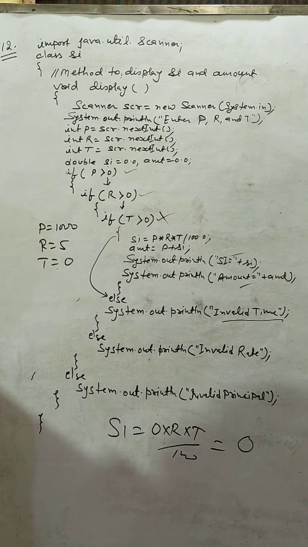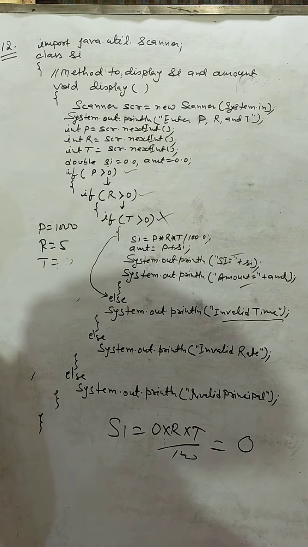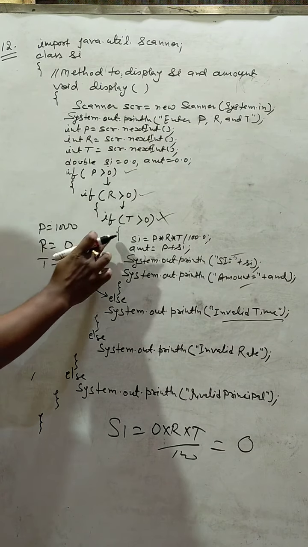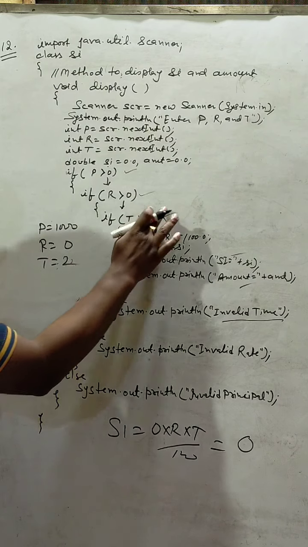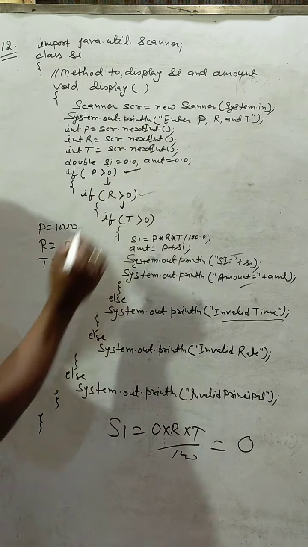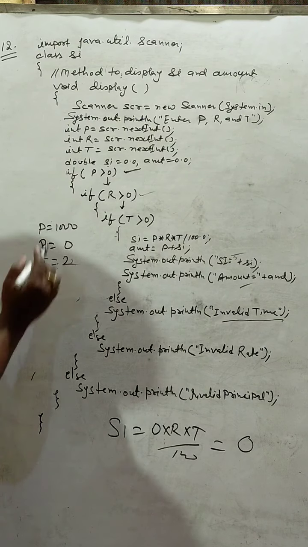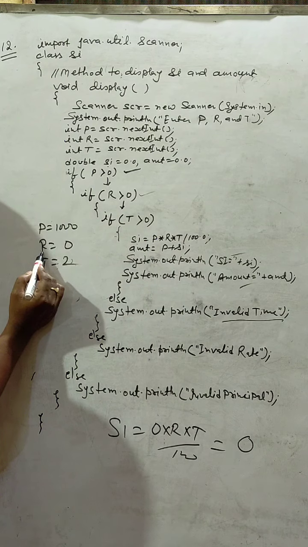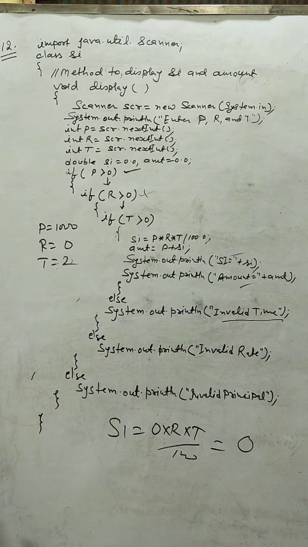Take one more example. Suppose T is 2. Take R equal to 0. For P equal to 1000, P greater than 0, this is true. Again, R greater than 0. The value of R is 0, so this condition evaluates to false.